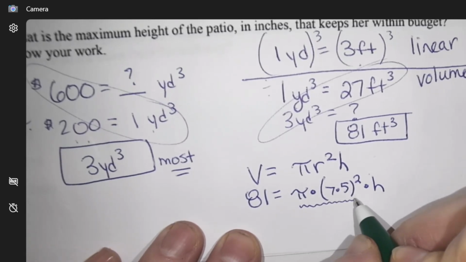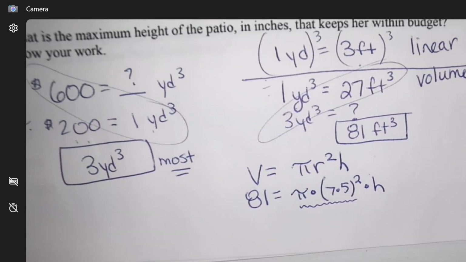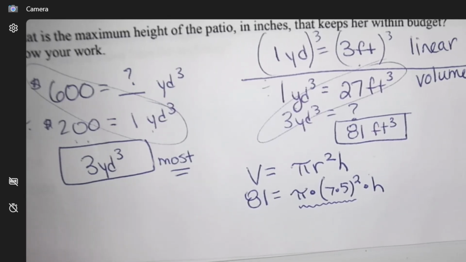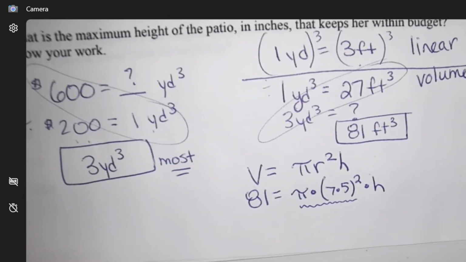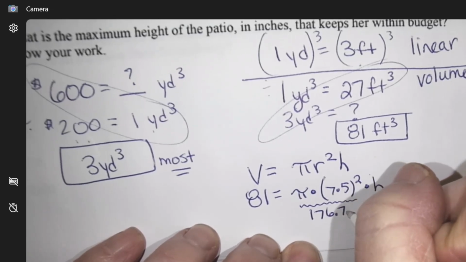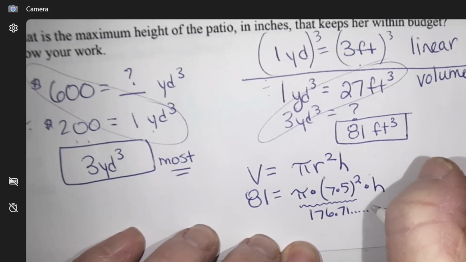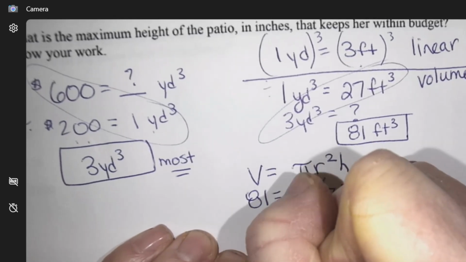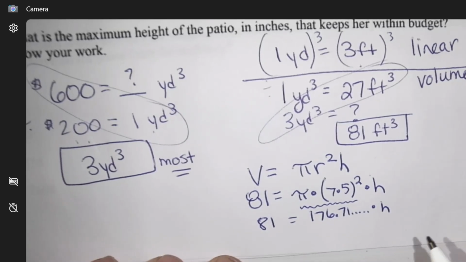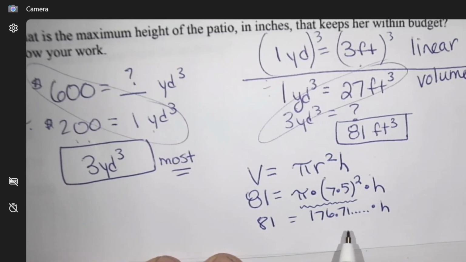Okay, I'm going to multiply that all together in my calculator. Pi times 7.5 squared. Are we good? I got 176 and change.